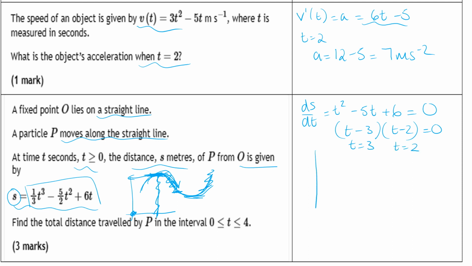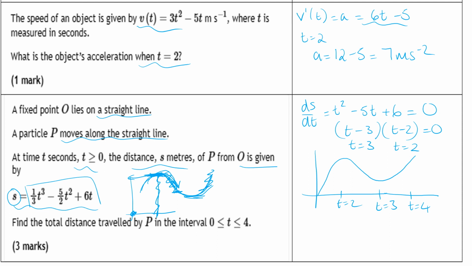So if we draw our graph at t is equal to 2 and t is equal to 3, because it's a positive cubic, we're going to be going up, have our max, and then we're going to have our min, and then we're going to go away again. So t is equal to 4, and we need to find the distance travelled.